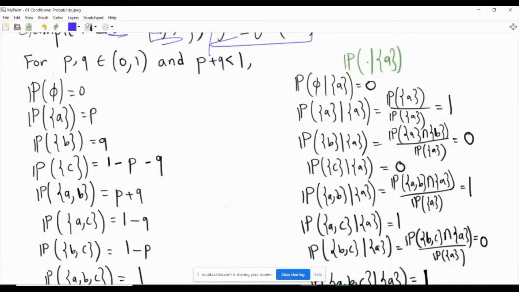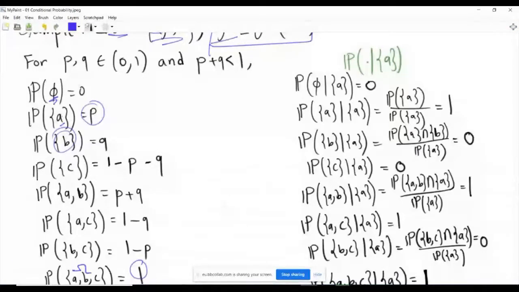Of course, we are under obligation to assign a probability of 0 to the empty set, a probability of 1 to big omega, and then for {A}, we will assign it a probability P, which is in the open interval from 0 to 1, so it's not 0, it's not 1. And then we will assign probability Q to the singleton set {B}.